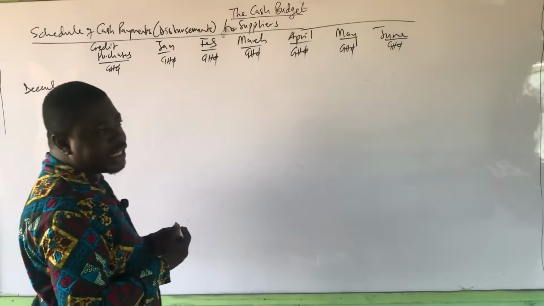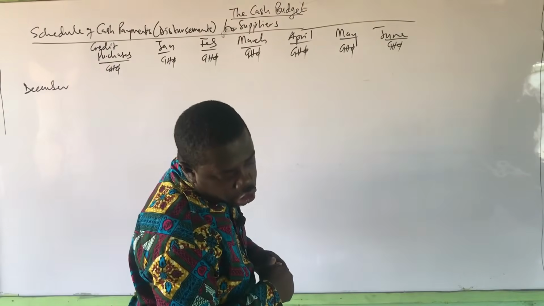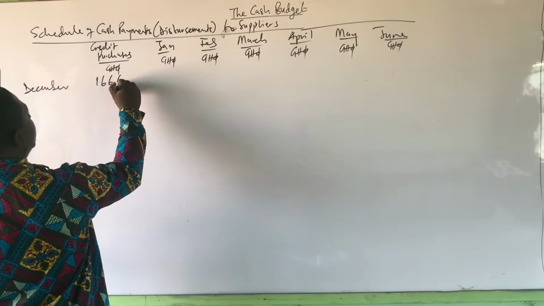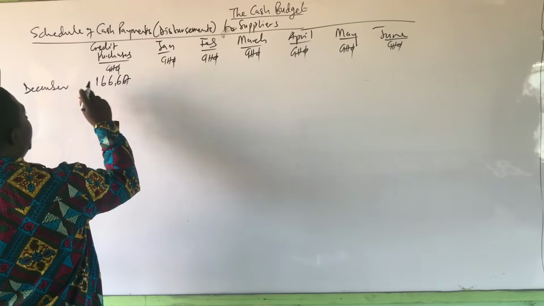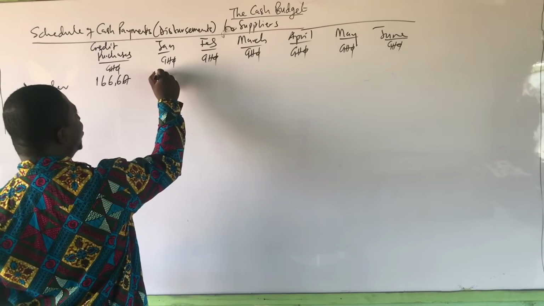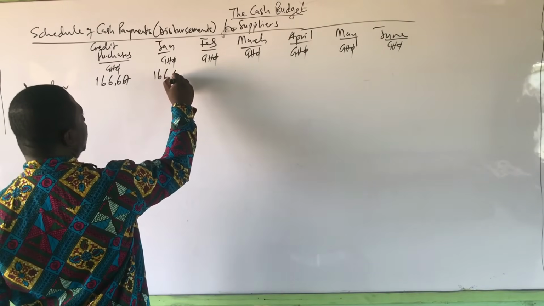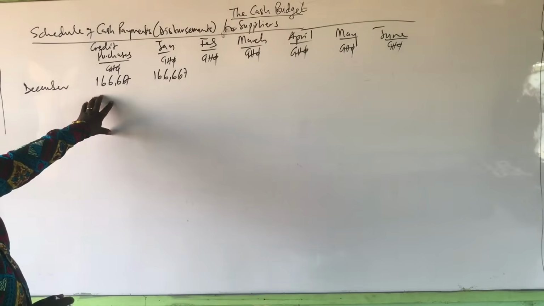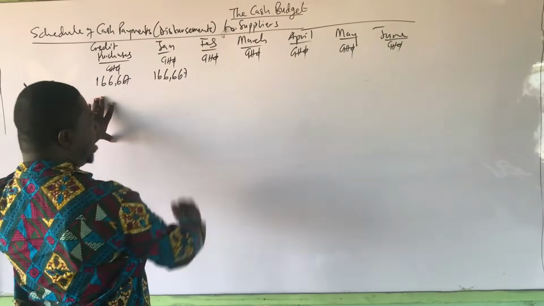The purchases for December from our calculation is 166,667. This figure for December will be paid in January, 166,667. So that is the meaning, that December's credit purchases will be paid in January.